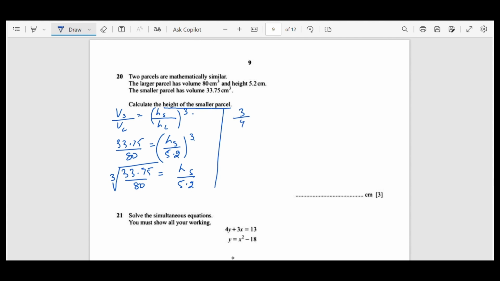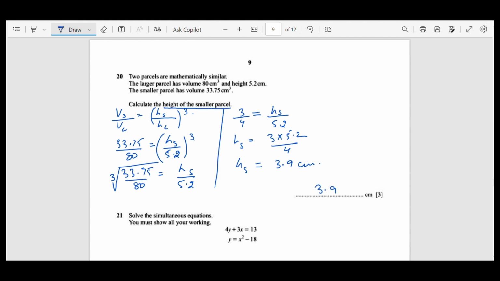This is equal to height of the smaller over 5.2. So height of the smaller will be equal to 3 into 5.2 over 4. So this will be equal to 3.9 centimeter. So our answer is 3.9.